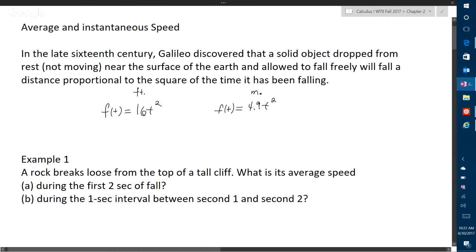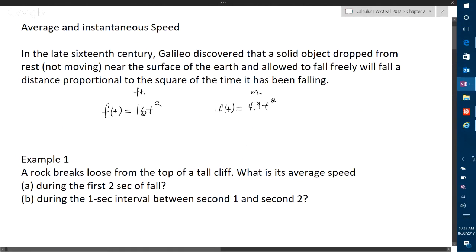Okay, read example 1. Let me take a look at how to approach it. Okay, so a rock breaks loose from the top of a tall cliff.